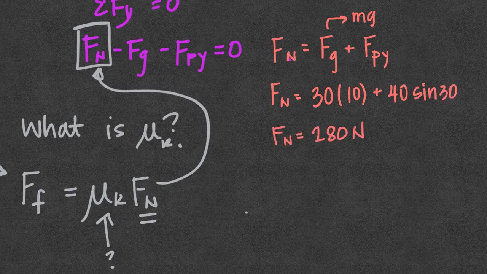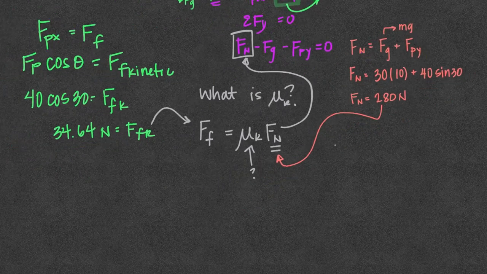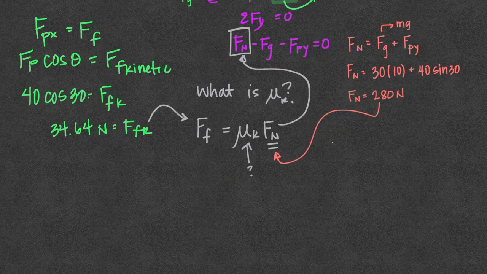So that means our normal force is equal to 280 newtons. So let's take this and substitute it back in over here for our normal force. So we've now got both pieces that we need.